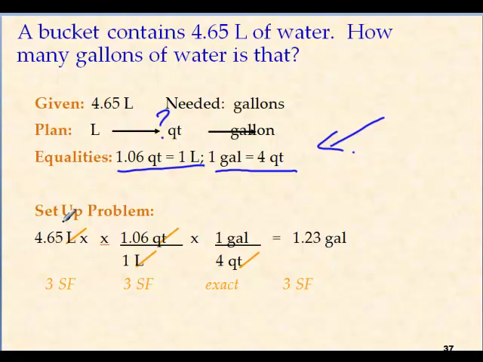Here is the liters, that is my given, which is 4.65, and I set up my problem. Notice I needed the first equality because it converts my liters to quarts, and now which one do I put on the bottom? I put down what is the given. Always remember the forward slash. And now we have quarts on the top.